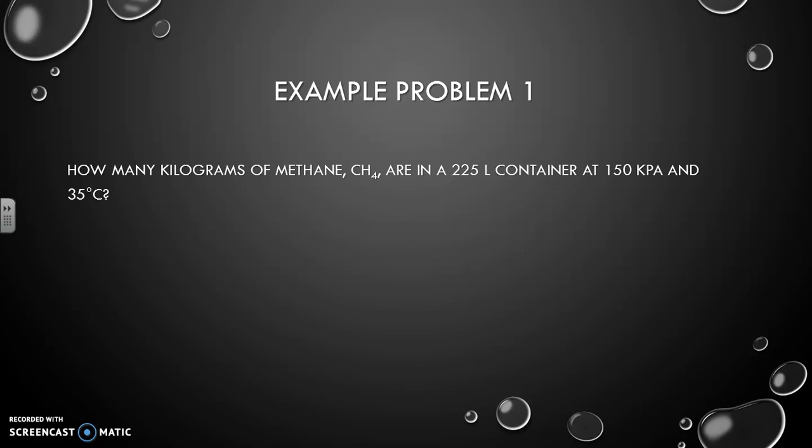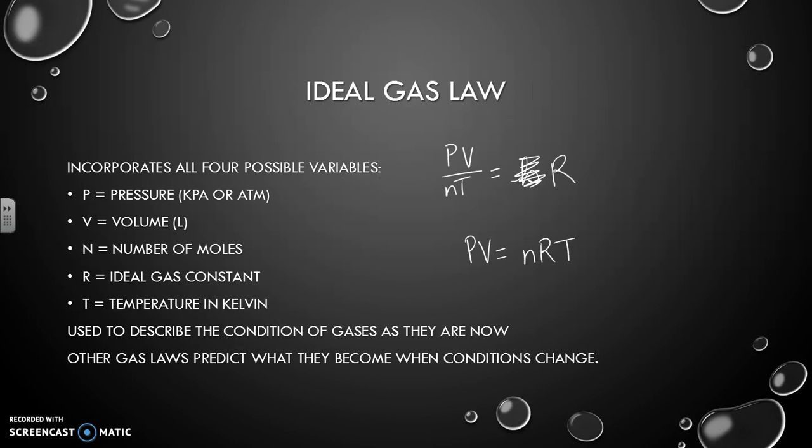Okay. So I guess we're just going to jump right on in on this. Actually, I do need to give you just a little bit more information. The values for R. R has a couple different values depending on what units you're using.